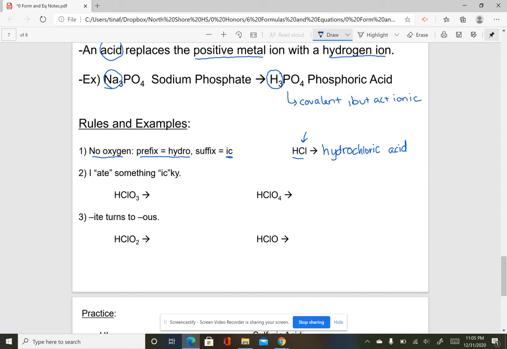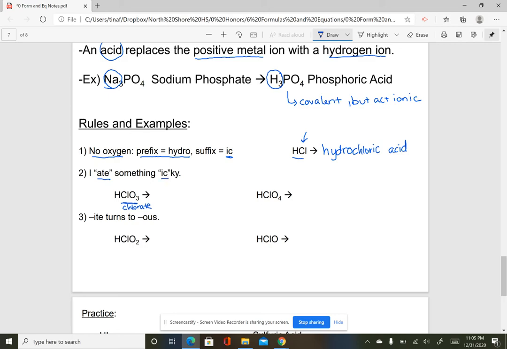If there are oxygens in the acid, you have to think about what the name of the polyatomic ion is that's in the acid. So for example, HClO3, ClO3 is the polyatomic and the name of it is chlorate. So now what you have to do is remember I ate something icky.